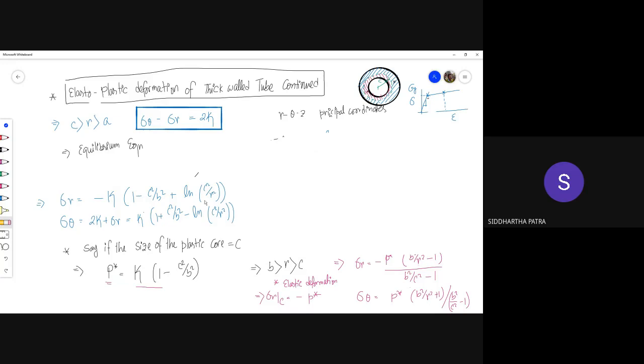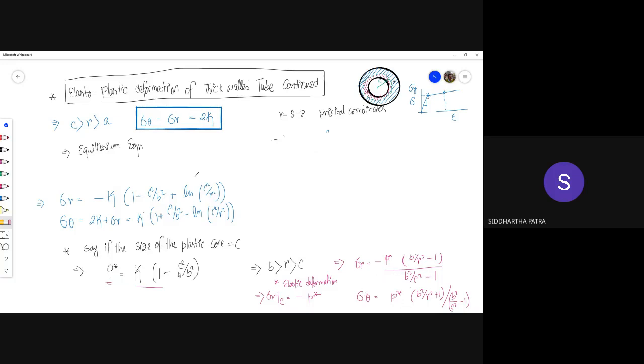If I know the size of the plastic core, and if I know the yield stress, then I can determine the stress anywhere within the plastic zone as well as within the elastic zone. Because by knowing C and K, I can determine what is P star, and then from that I can get the sigma r and sigma theta even in the elastic zone.